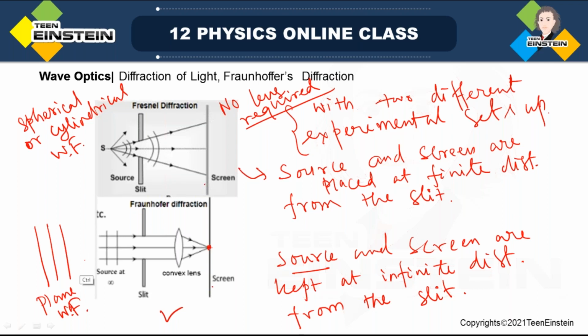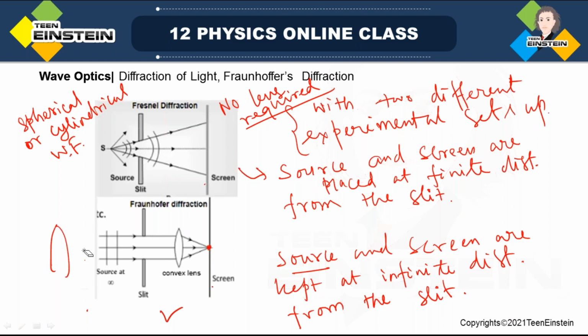Now one more point: infinite distances, we don't know where we have to keep the source. So you know what is done in this also, the source you can keep at finite distance itself if you do one thing.